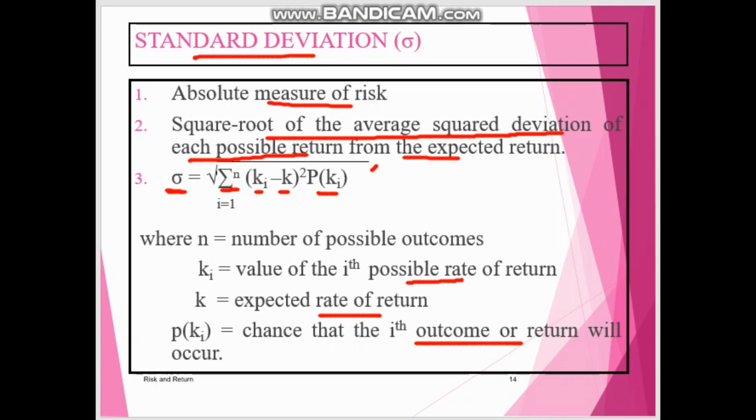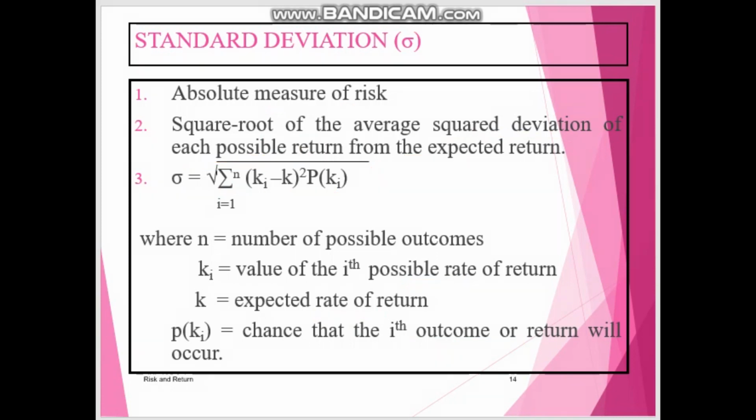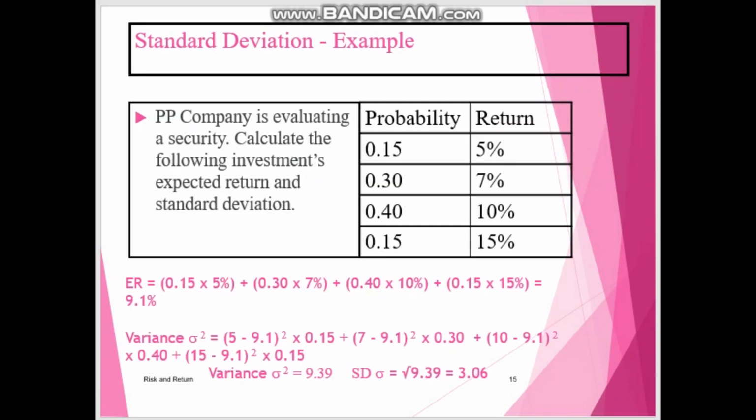Alright, now we are going to see the specific calculation, how we do our calculation. Here we have a company, and we have to evaluate this kind of share or security.